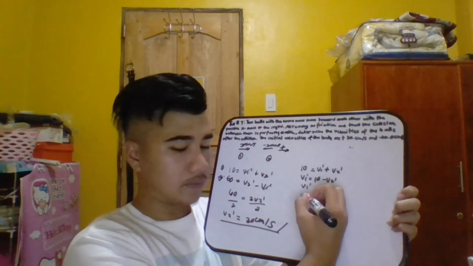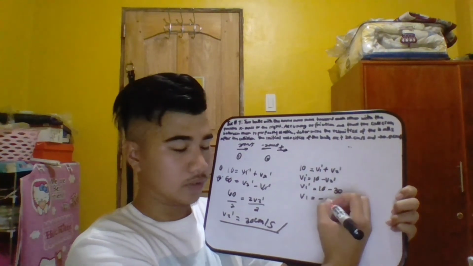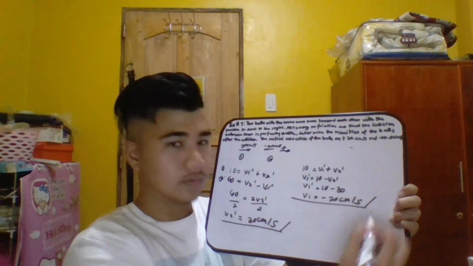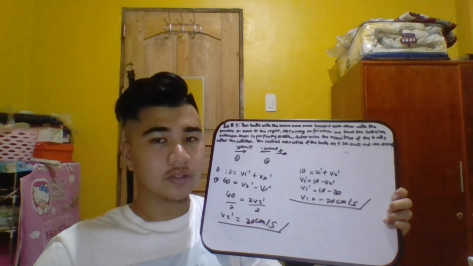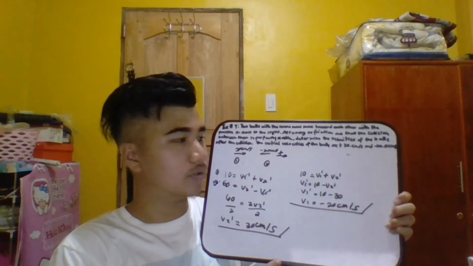So v1 prime equals 10 minus 30, which is negative 20 cm per second. So these are the values of the balls after the collision. So this is an example for elastic collision.